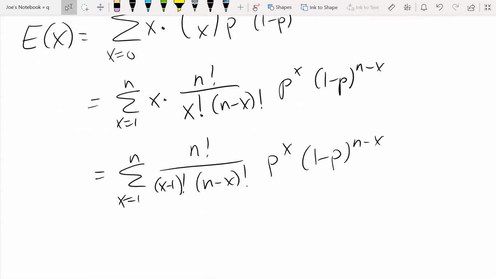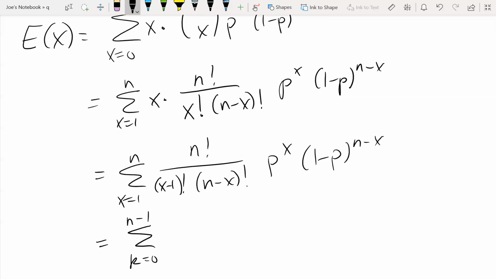So what I'm going to do is re-index it. Instead of going from 1 to n, I'm going to go from 0 to n minus 1, and I'm just going to change the letter from an x to a k. So notice that your k here is x minus 1, right? I shifted everything down 1, so the k is x minus 1.